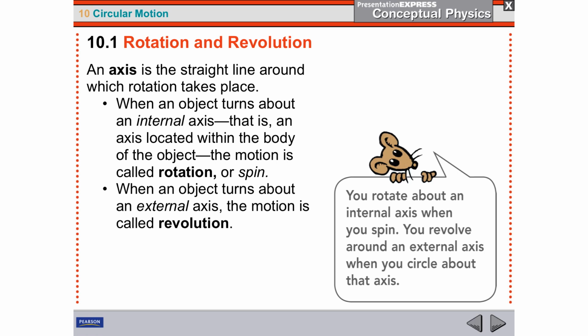If the axis is outside of that object, so the thing that you're spinning around is not inside you but outside you, then that's called revolution. So the Earth revolves around the sun.